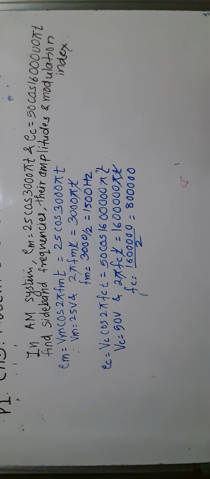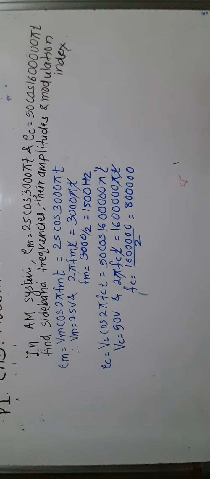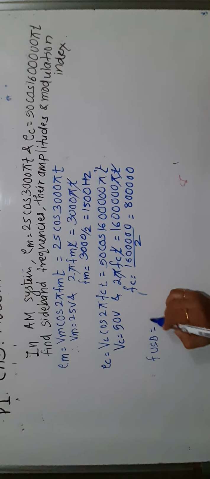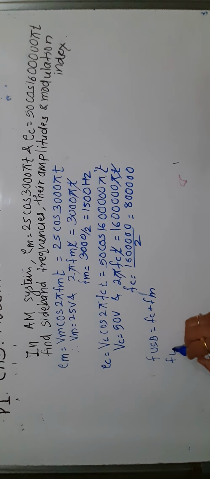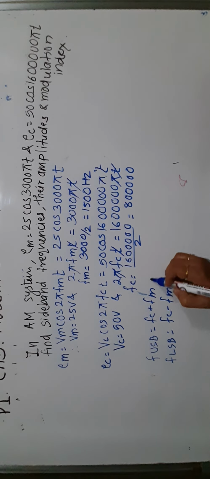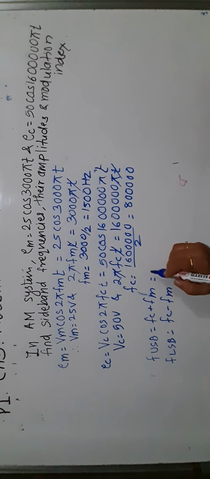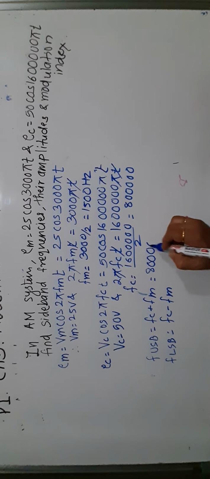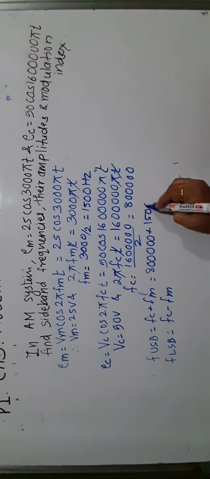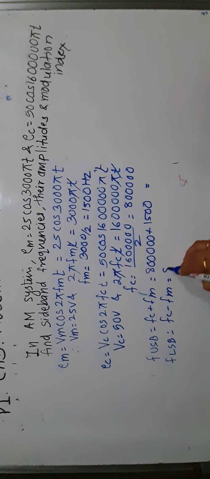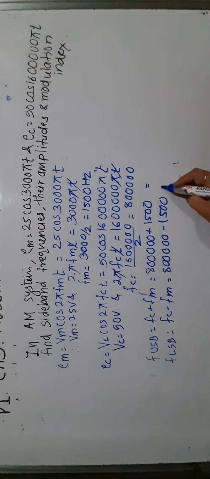Now we have to calculate sideband frequencies. Sideband frequency is what? Upper sideband frequency equal to FC plus FM and lower sideband frequency equal to FC minus FM. So FC plus FM, what is FC? 8 lakhs plus FM is 1500 and here 8 lakhs minus 1500.